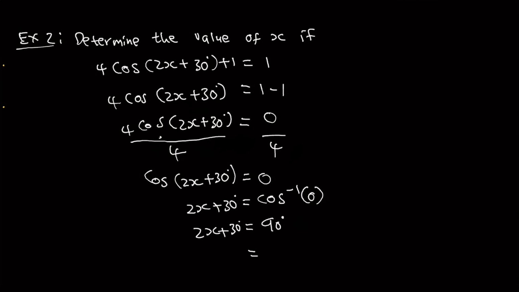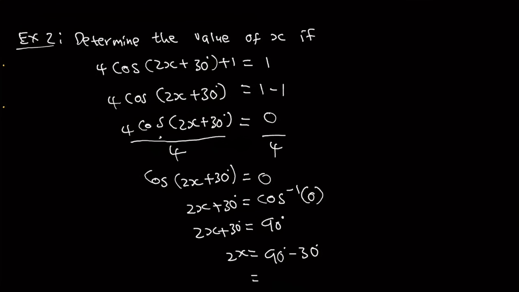Now, you need to take 30 degrees to the other side. What do you have? 90 minus 30 degrees equals 2x.